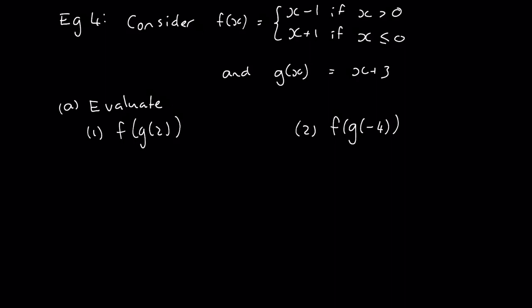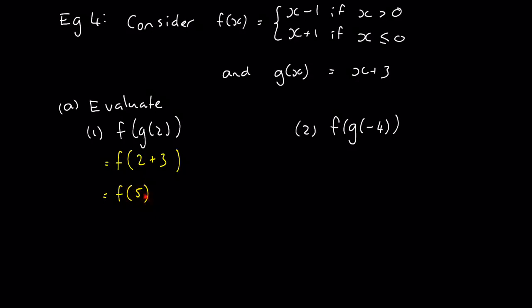So remember, g of 2 is now the inside function, so we're going to substitute 2 into g of x. So this is therefore going to become 2 plus 3 instead of x plus 3, which is clearly f of 5. Now we've got to substitute 5 into x, but we've got to take careful note of the restriction.